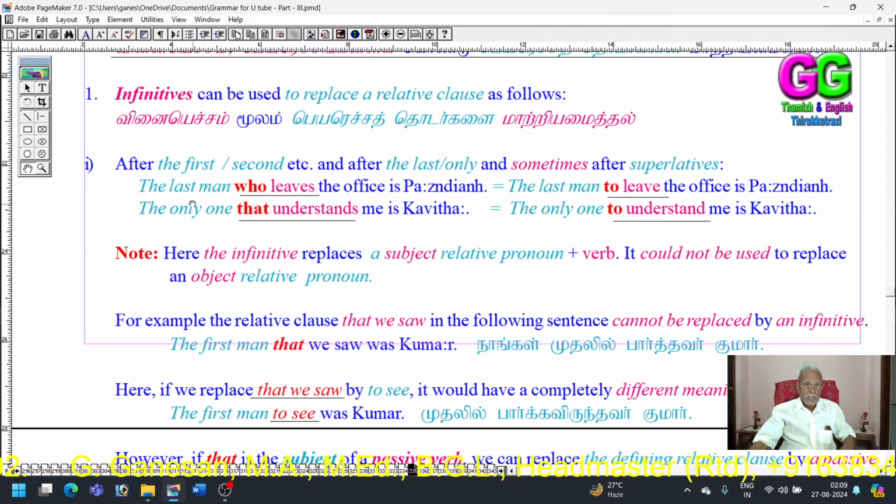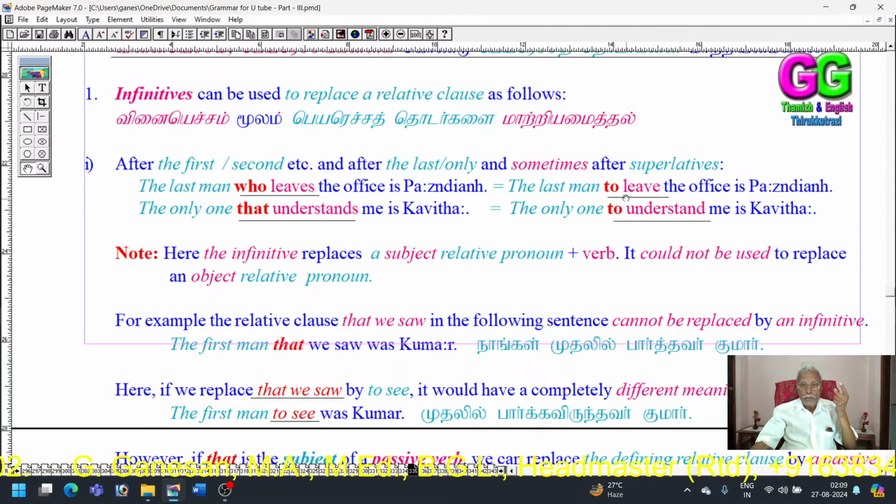See, the last man who leaves the office is Pondian. The last man to leave the office is Pondian. That is, the relative clause "who leaves" has been replaced by the infinitive "to leave".